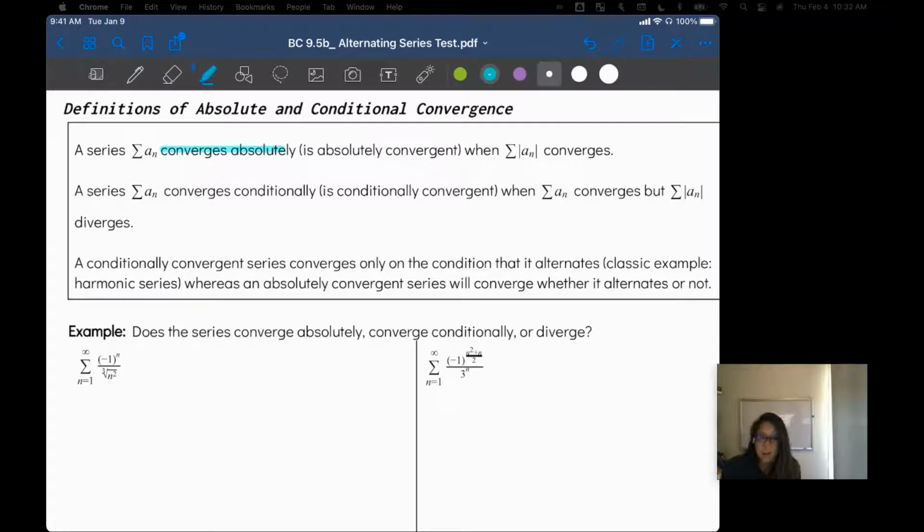Okay, if the series itself converges but the absolute value does not, then the series converges conditionally.